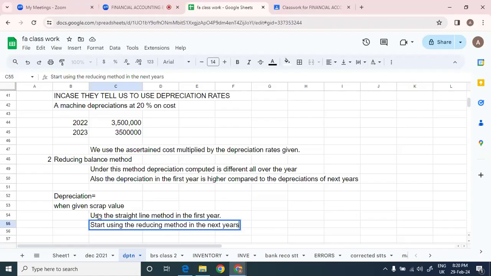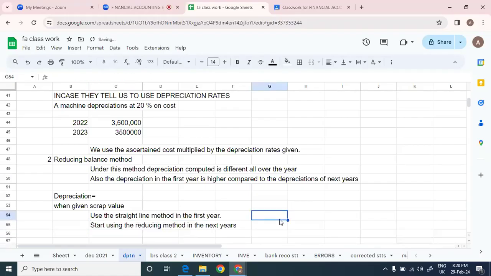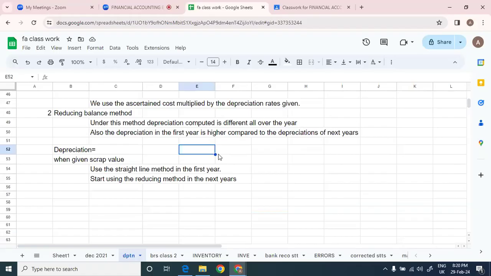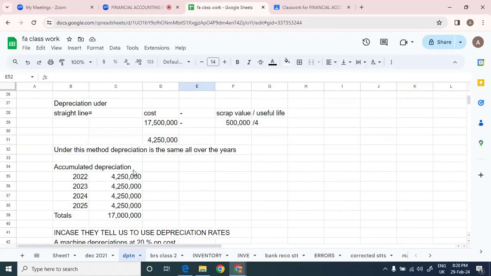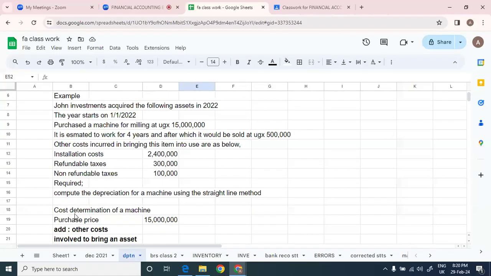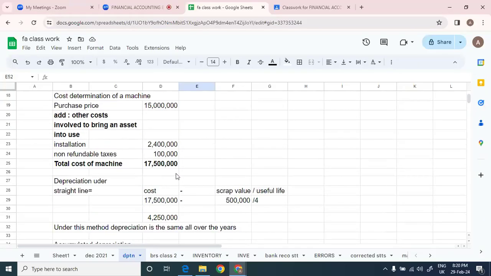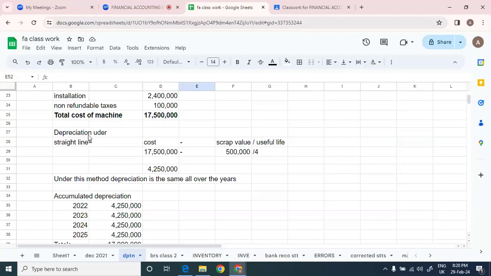Are we together? Yes. So here we are going to look at this one. I'm not going to repeat the computations. If you are asked the same question here, compute depreciation for the machine using the reducing balance method, please, in the first year, go on to compute it in this way. Are we together?